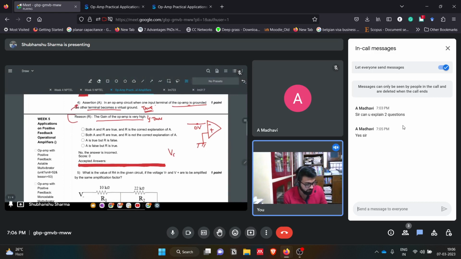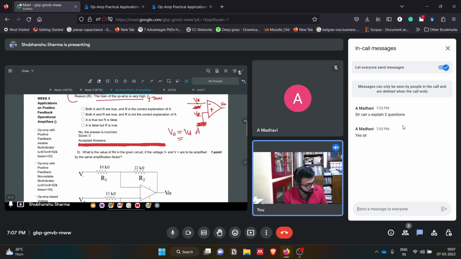So we see V naught. Let's forget about V1 and V2 for now. We are just analyzing by giving a V1 voltage here and a V2 voltage here to this op amp. The output of the op amp is given by V naught equals VD times A, where VD is V2 minus V1 and A is the gain.